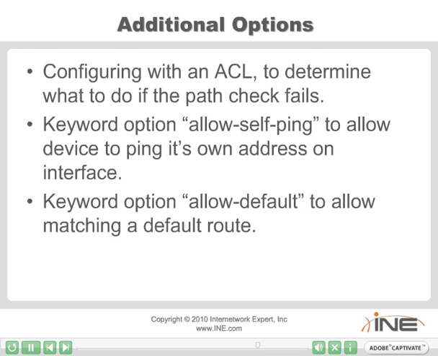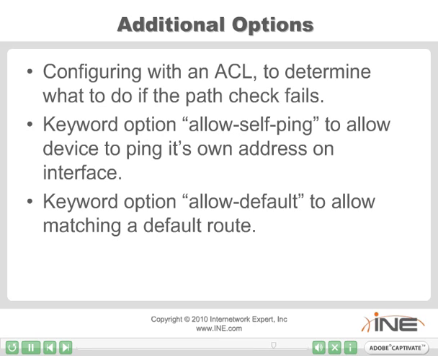Some of the additional items that can be done with the uRPF check: one of those would be adding an ACL at the end, being able to have an explicit action for uRPF, either to deny the packet if it fails the path check, or to explicitly permit that traffic even though the path check by itself fails.